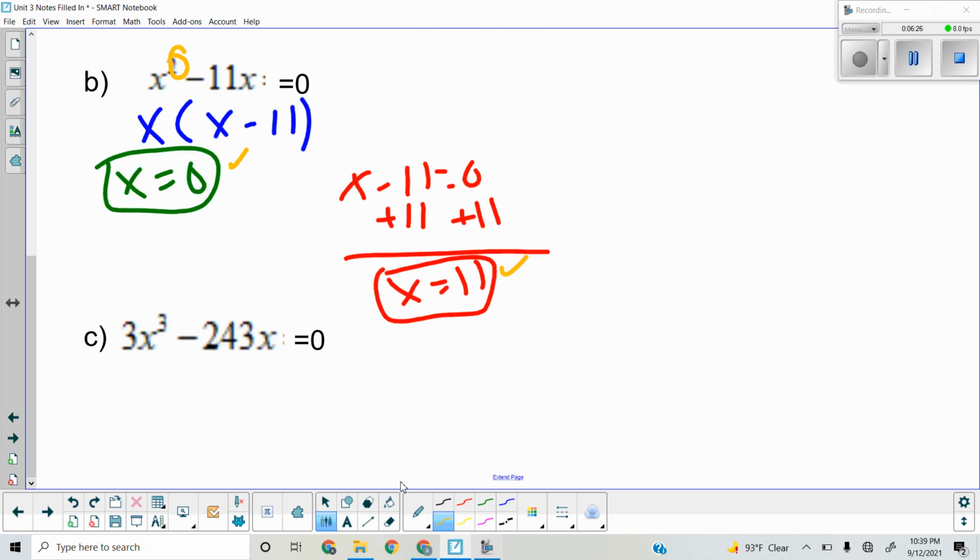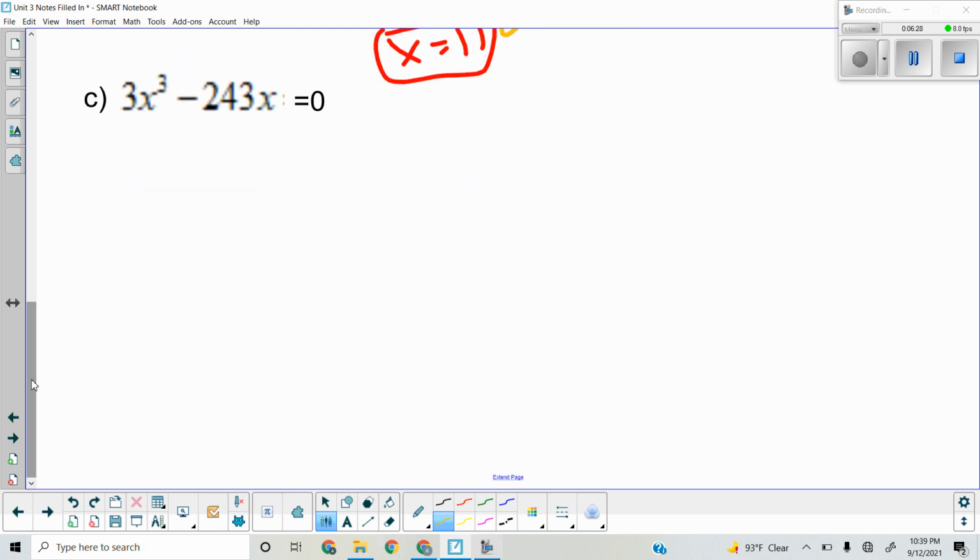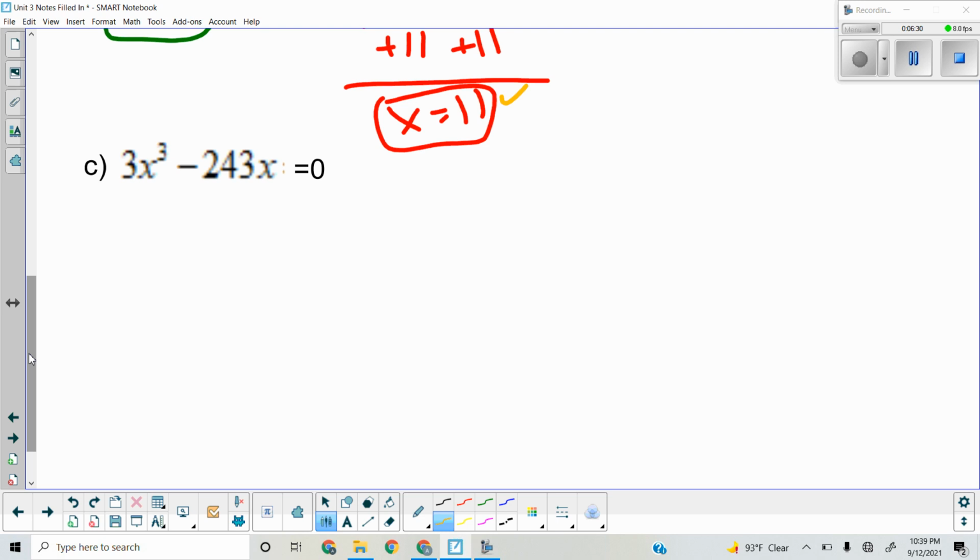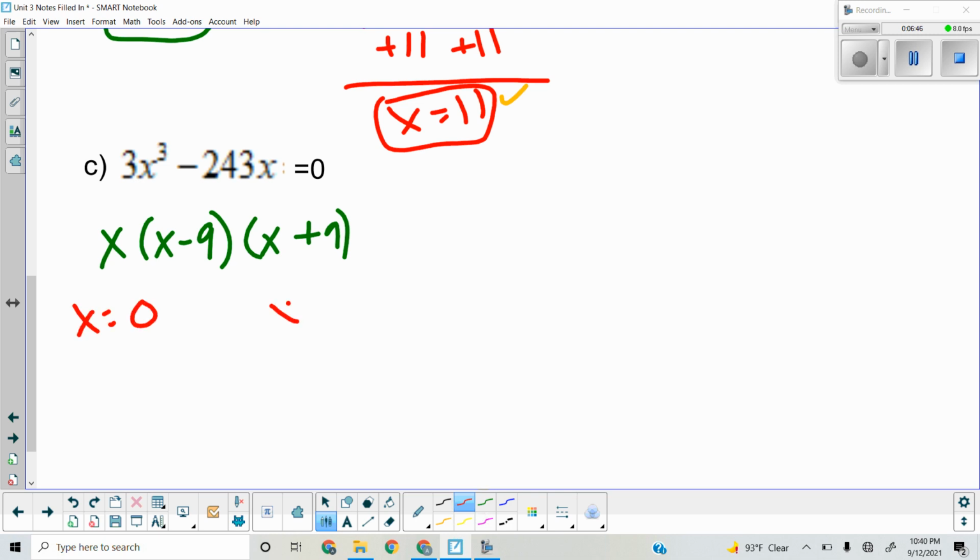Then letter C. When we factored this, we had x, x minus 9, and x plus 9. So now we need to set all 3 of those equal to 0.